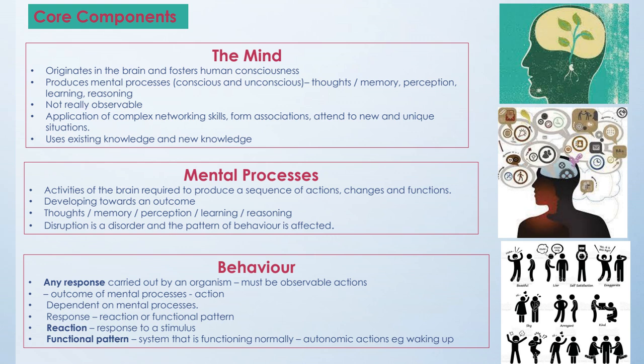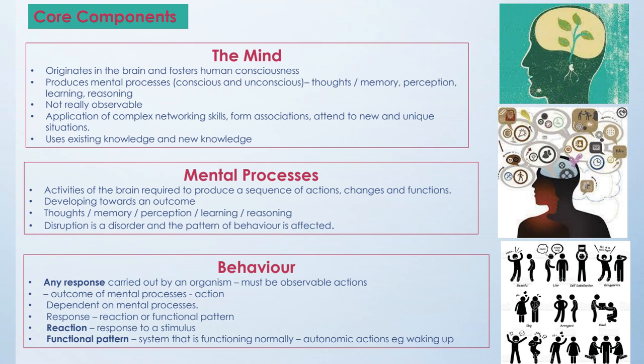The brain that sits inside our skull, okay, is the hardware. Okay, it's got different parts to it, neurons, neural networks, and we'll learn about that. But the mind is something quite abstract that sits in the brain, and it fosters our consciousness. Okay, and it produces those mental processes of thoughts, memories, and perceptions.